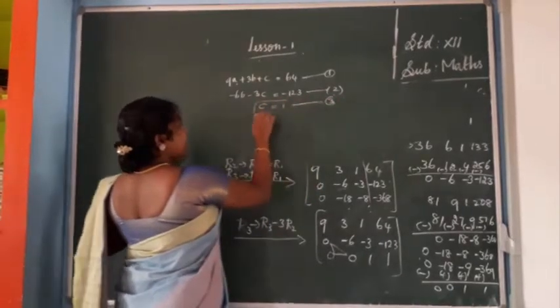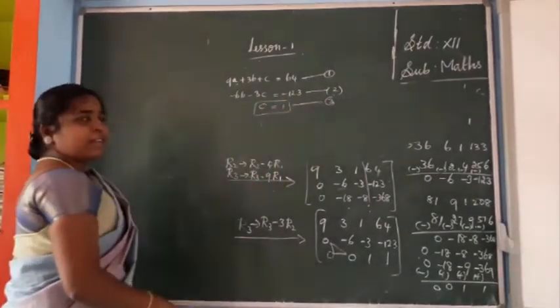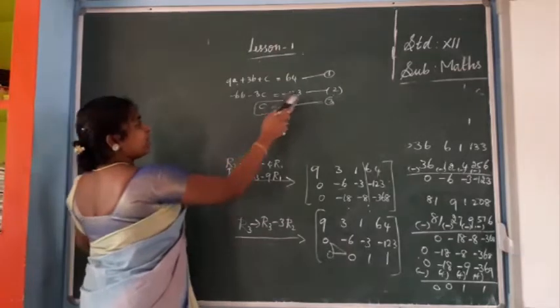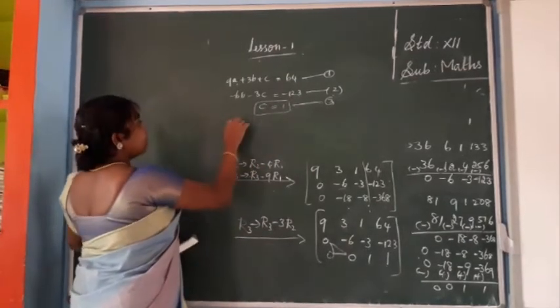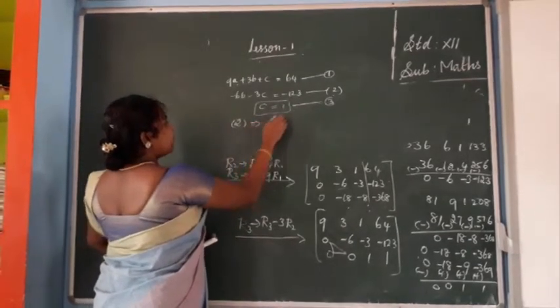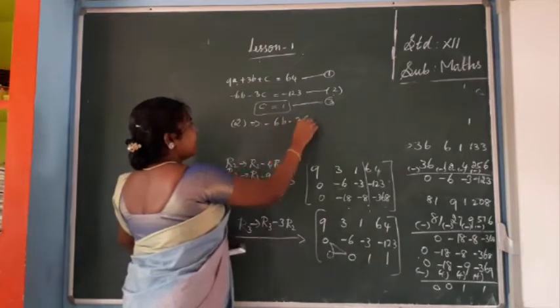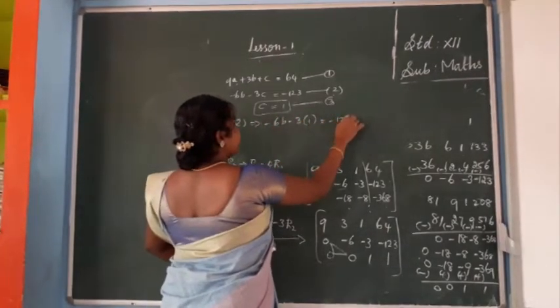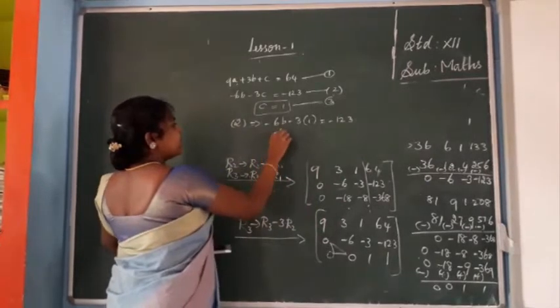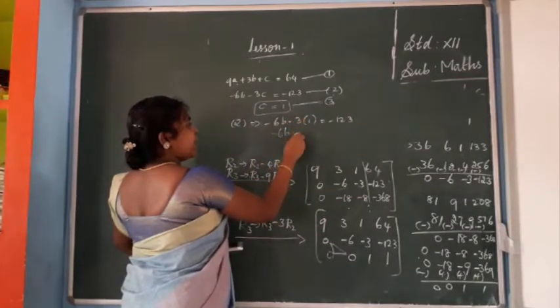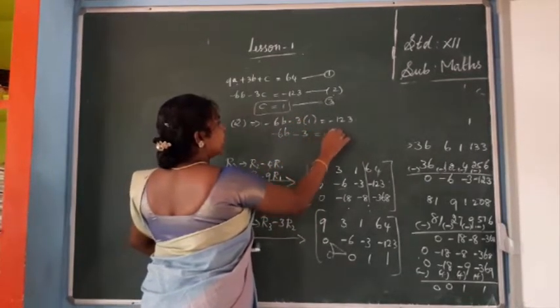So we got the unknown c value. Now you substitute c in equation 2. Minus 6b minus 3 into 1 equal to minus 123. Minus 6b minus 3 equal to minus 123.